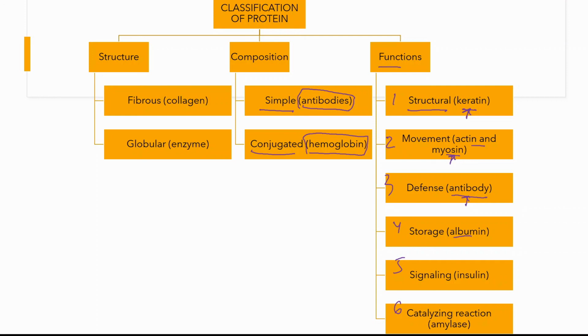It is secreted by the pancreas. It promotes glucose uptake into the cell. Lastly, proteins can be used to catalyze reactions. Example is enzyme. Here given to you is amylase that can be found in saliva to digest carbohydrates.